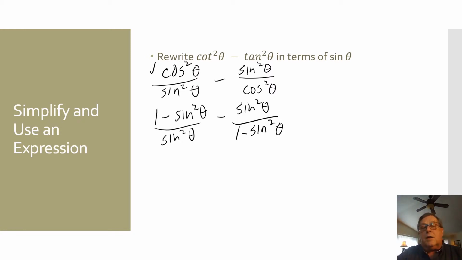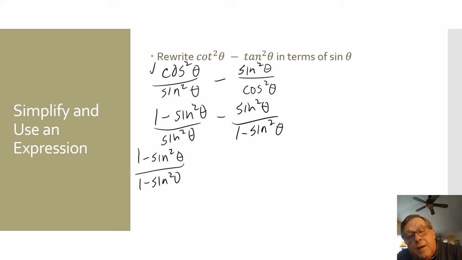Well, we're getting close there. We've got everything written now in terms of sine, but we've got two different denominators here. So we've got to get to a common denominator, and then we can simplify this. So let's see, we're going to take this left part, 1 minus the sine squared of theta over the sine squared of theta, and we're going to multiply it by 1 minus the sine squared of theta over 1 minus the sine squared of theta.